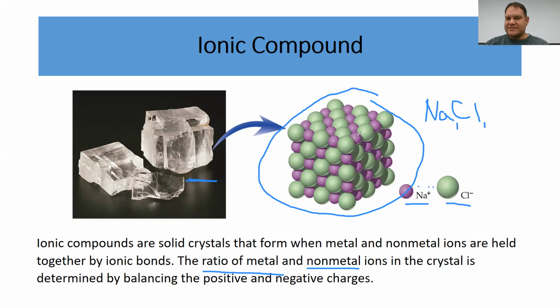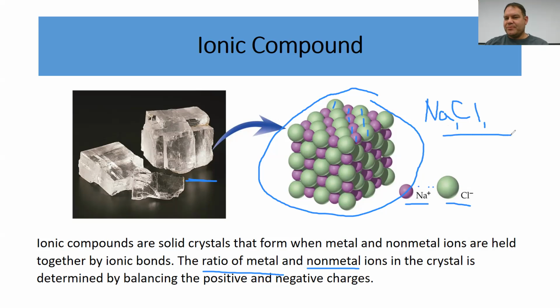So we have 1 sodium to 1 chlorine, 1 sodium to 1 chlorine, and so on. That ratio is maintained throughout the entire structure, that entire compound, in order to keep the charges balanced or offset, all right?